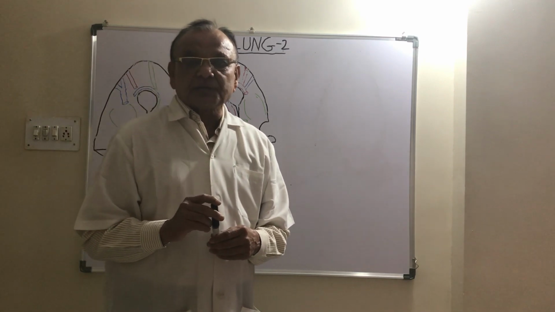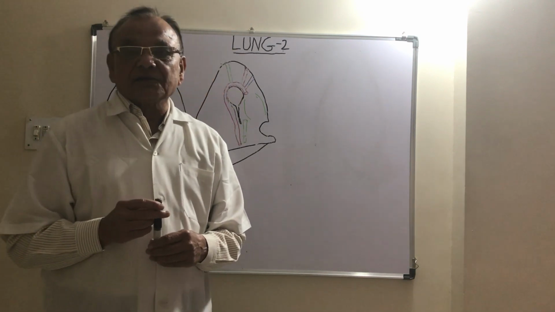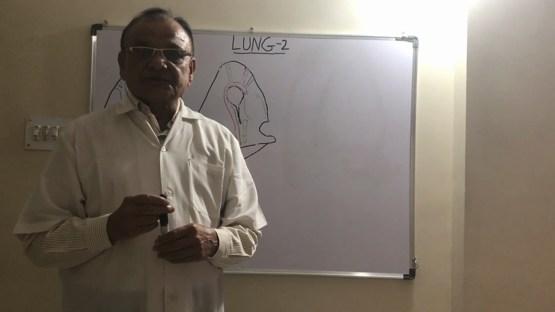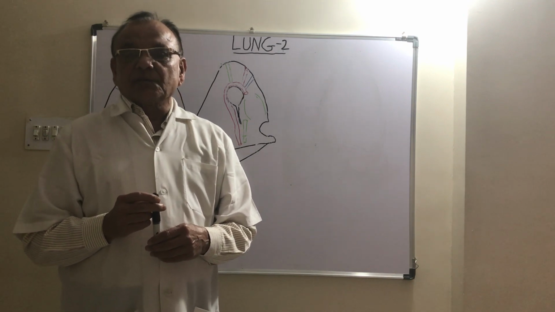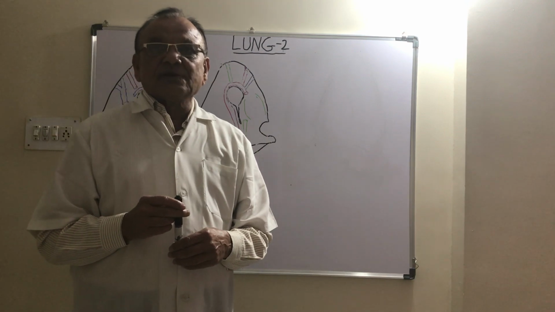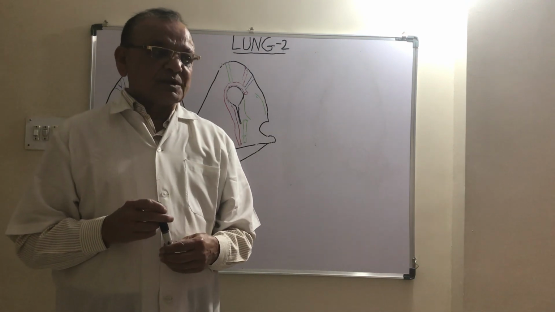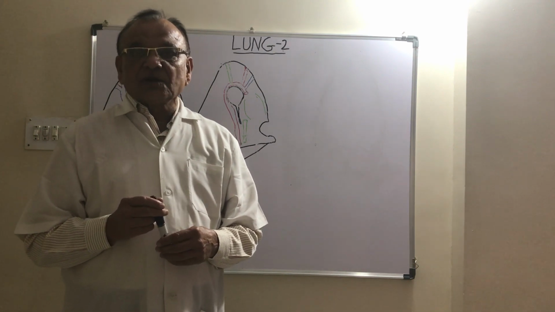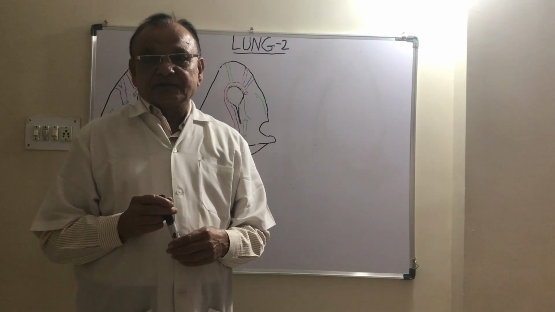Second structure is the pulmonary artery, one on each side. Third is the pulmonary vein, two on each side: the upper pulmonary vein and the lower pulmonary vein.